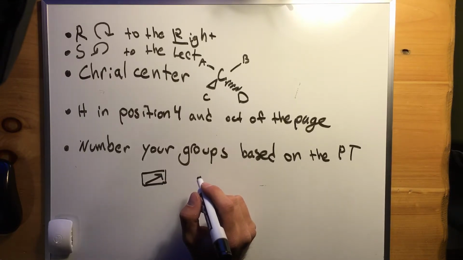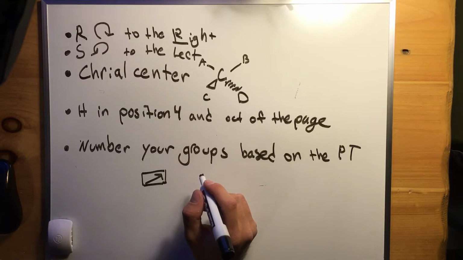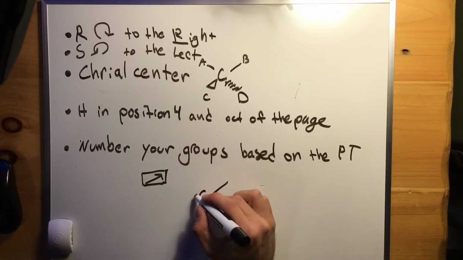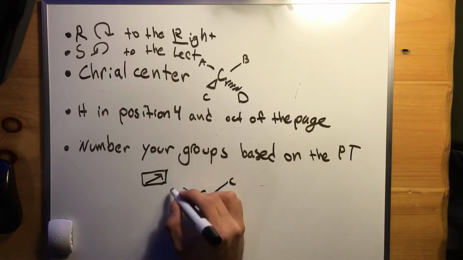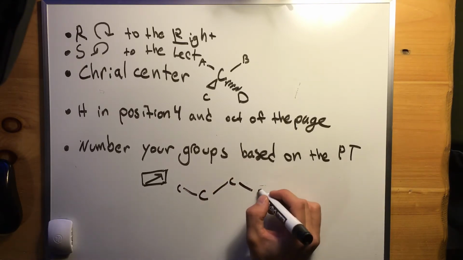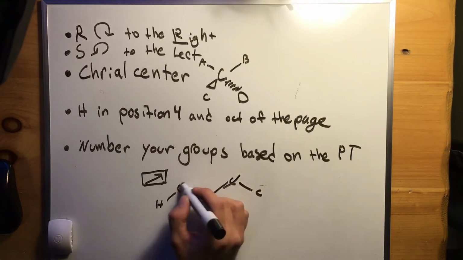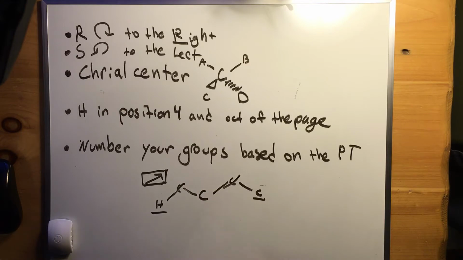The biggest thing to recognize is that when you reach something that is the same, so if these are both carbons, you need to go on to the next one. So this kind of just gets ignored. Oh, okay, carbon higher than hydrogen. That's kind of the easiest way to do it.